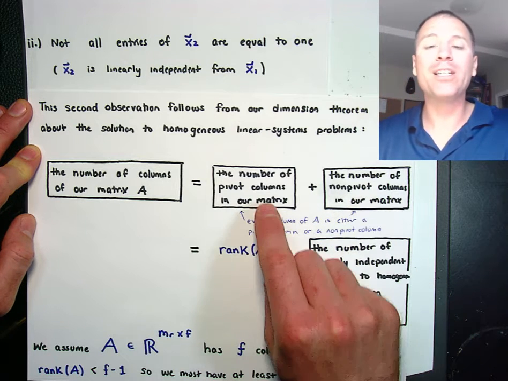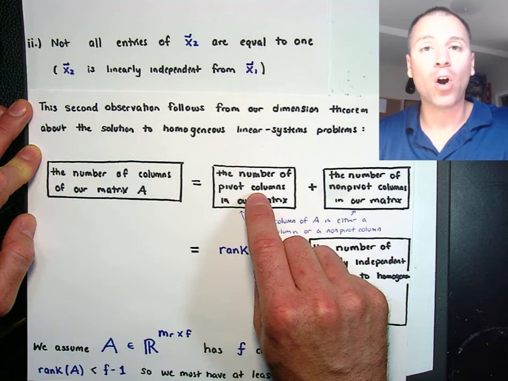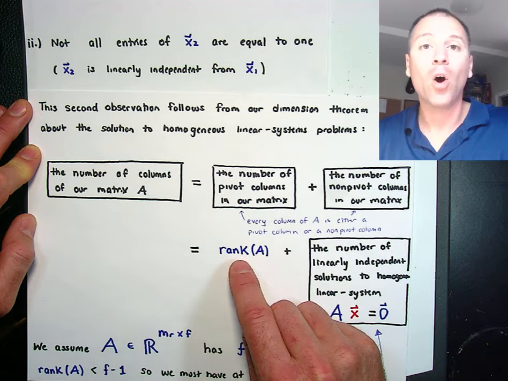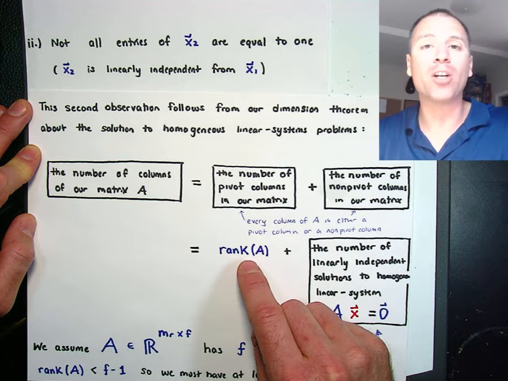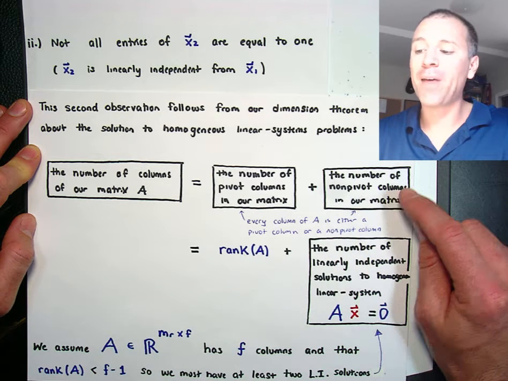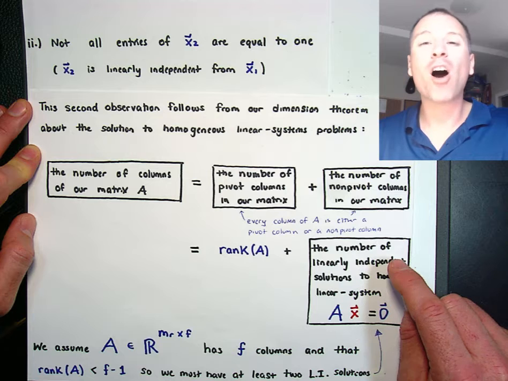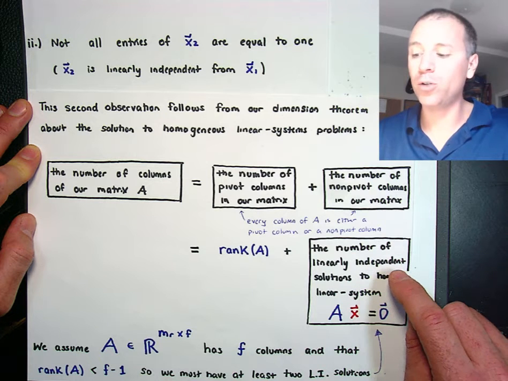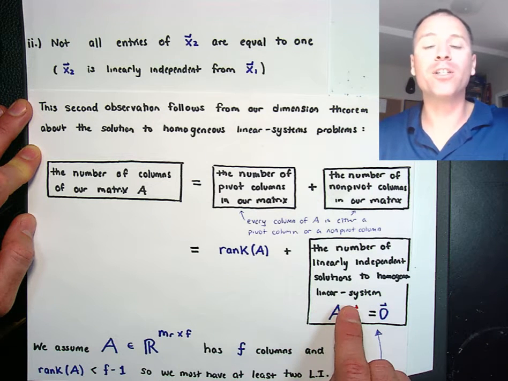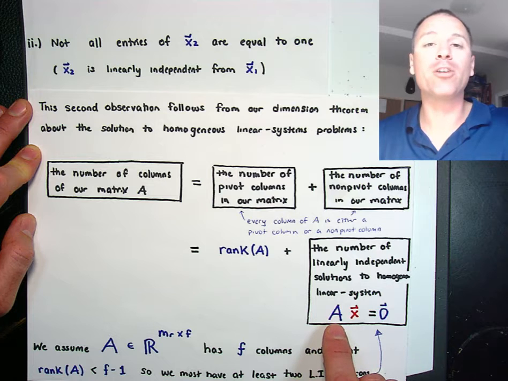By definition, the number of pivot columns was equal to the rank of A, or the number of linearly independent columns of A. And then we said that the number of non-pivot columns was equal to the number of linearly independent solutions to the homogeneous linear system problem involving the matrix A.